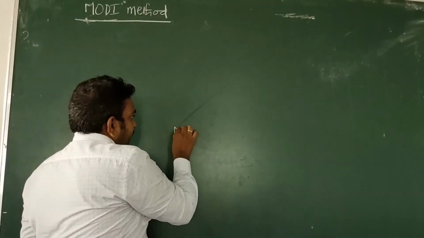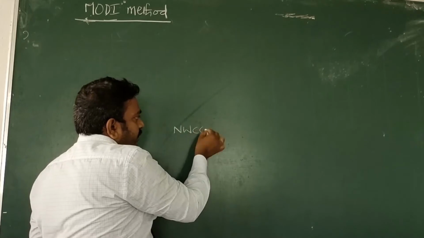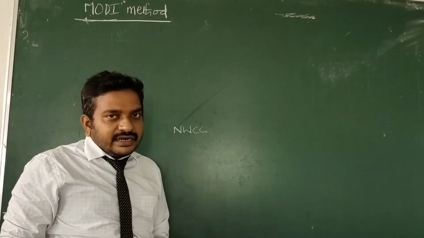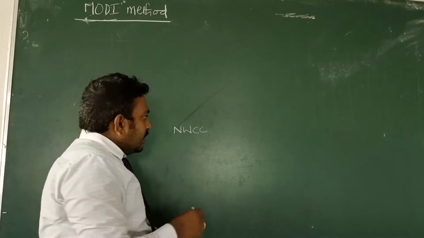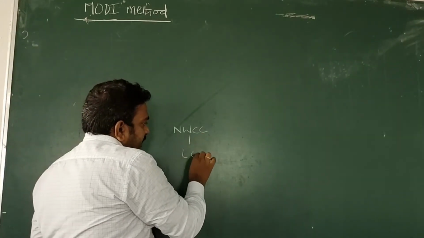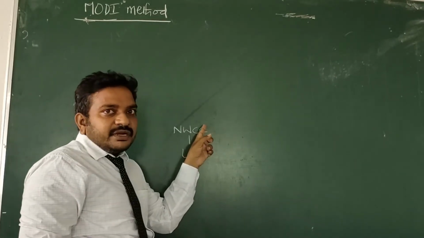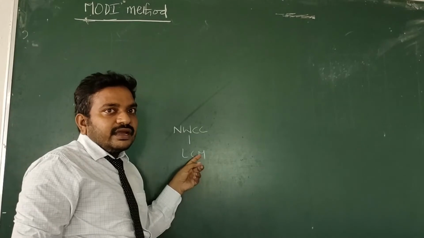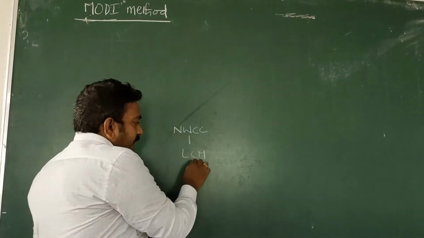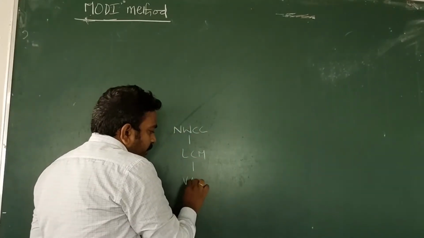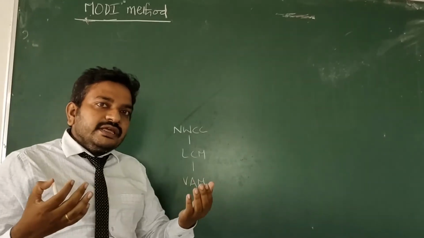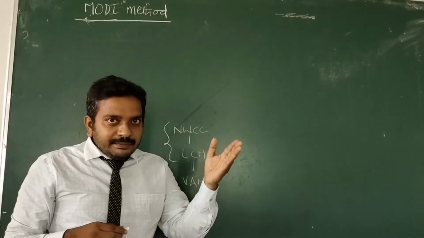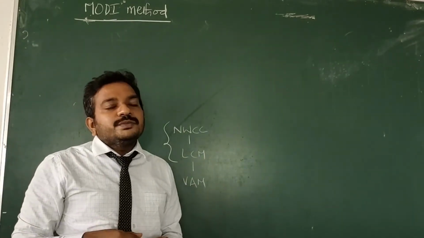If you identify one solution to a given transportation table by NWCC, that can be minimized by LCM. LCM is comparatively better when compared to NWCC, and Vogel's approximation method is comparatively the best of these three methods in terms of total transportation cost.